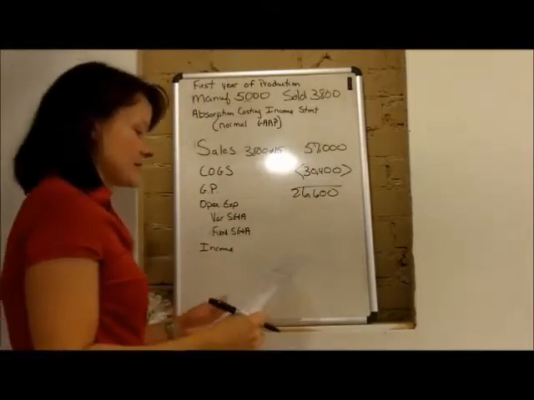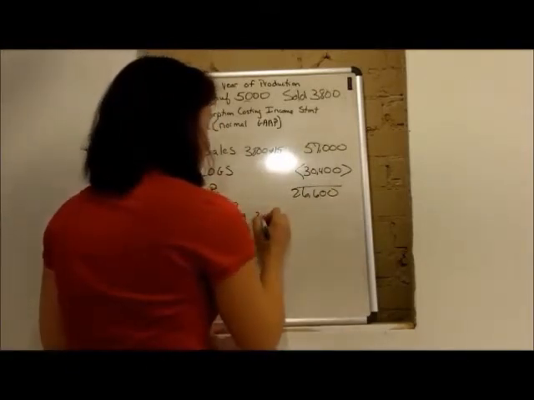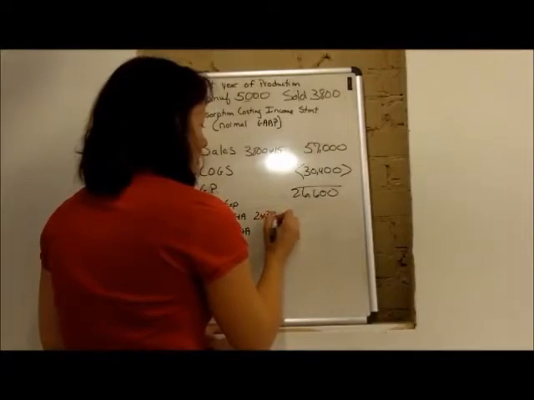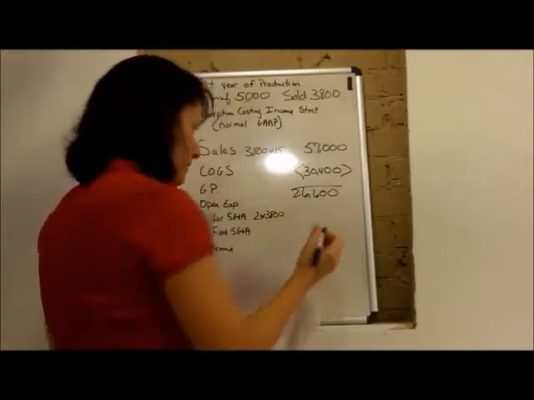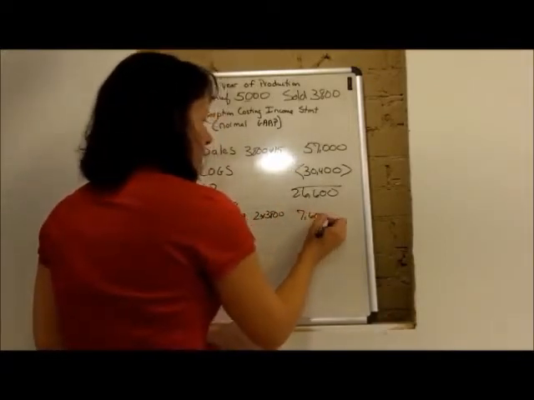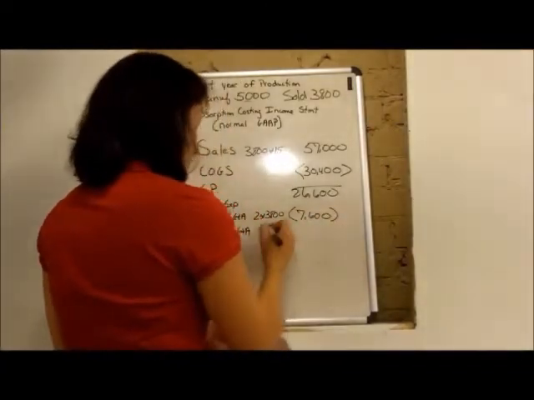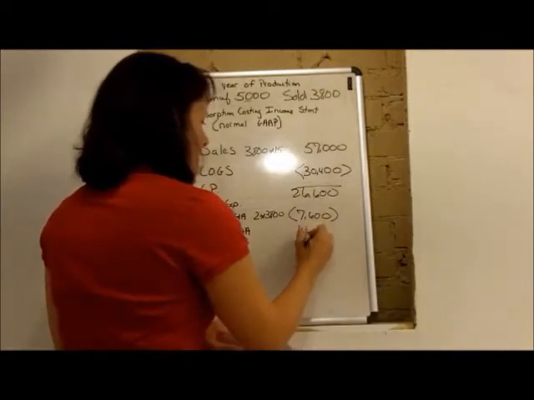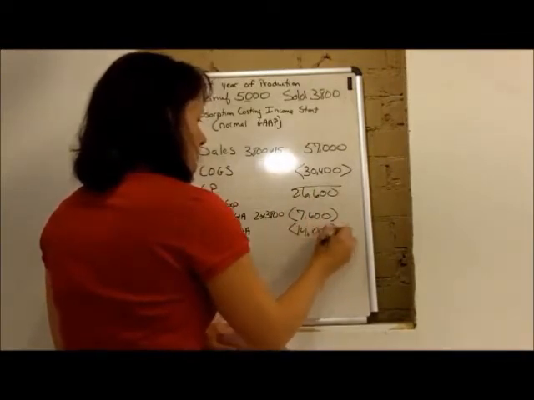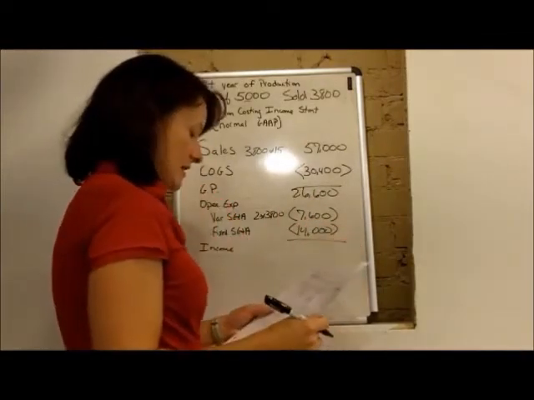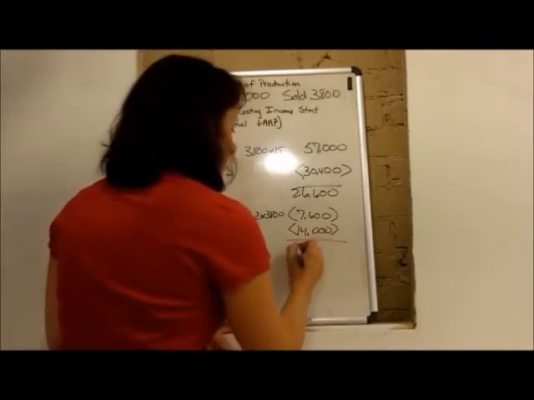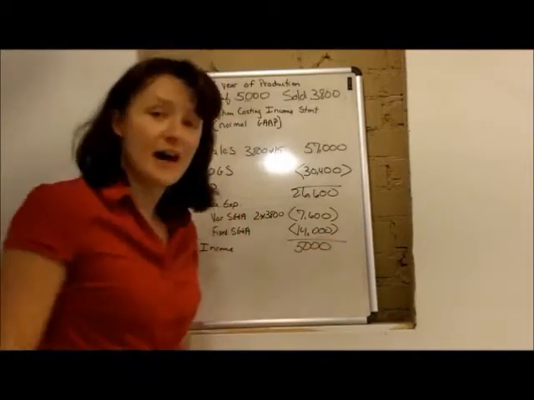So I have our operating expenses, $2 per unit variable, times the 3,800 units sold, $7,600, and then the $14,000 fixed. That gives us income of $5,000.